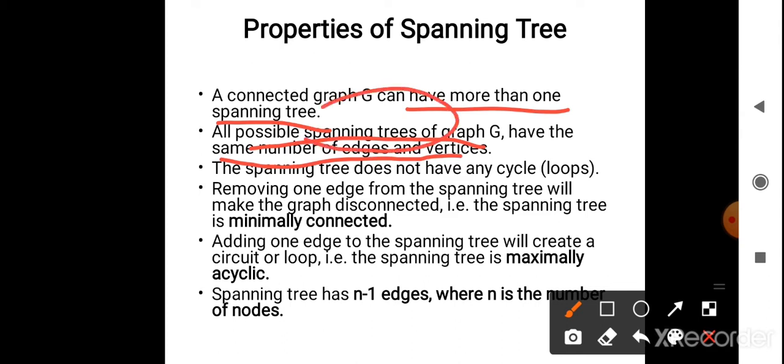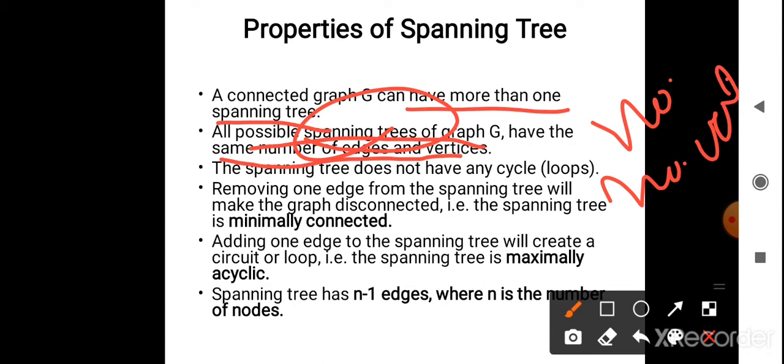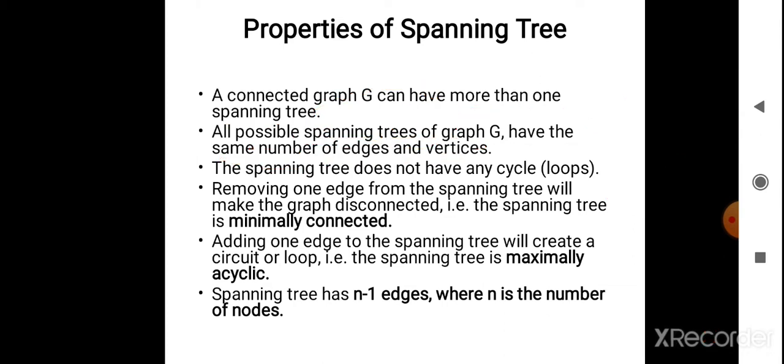When we consider all possible spanning trees of a graph, they all have the same number of edges and the same number of vertices. The spanning tree does not have any cycle, that means it does not have any loops.